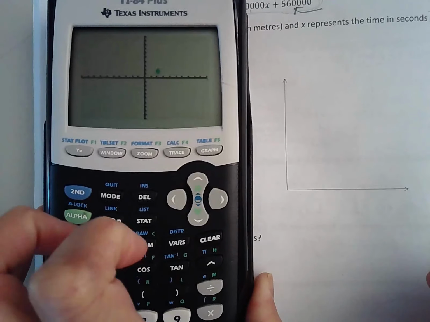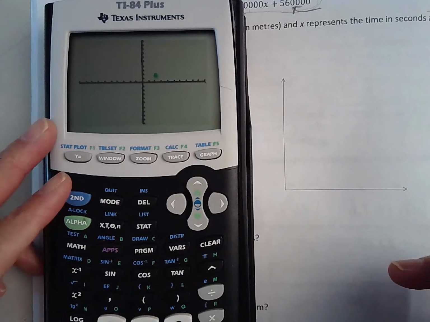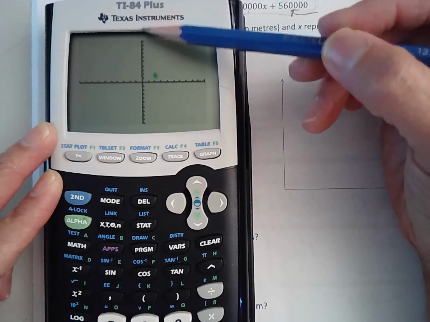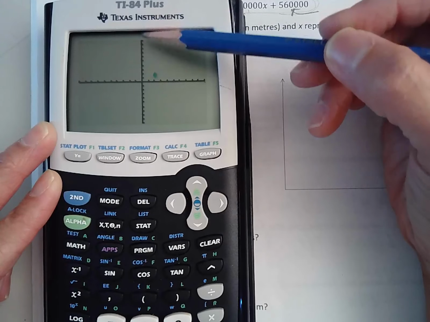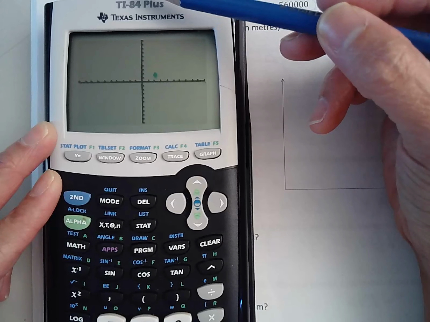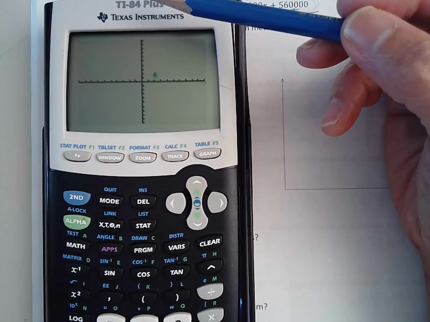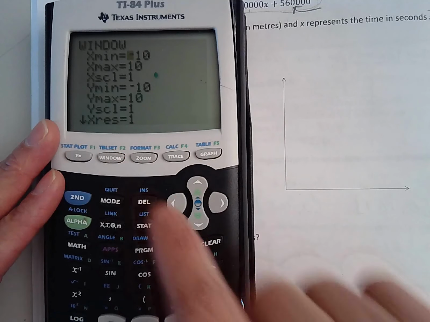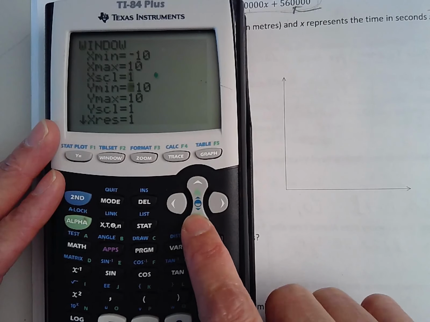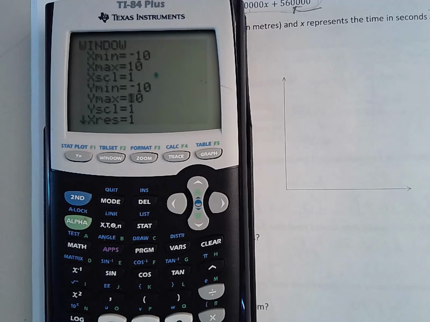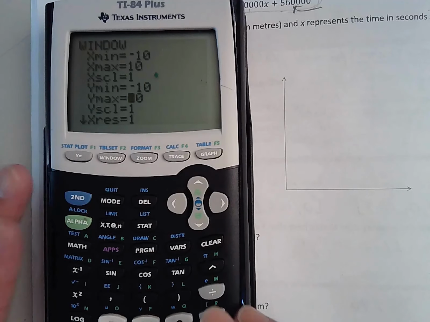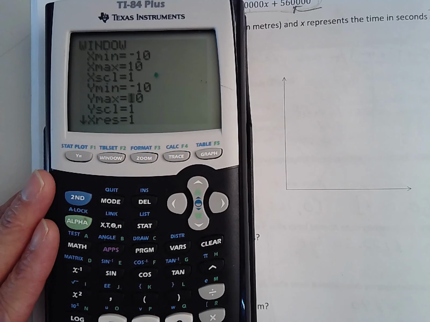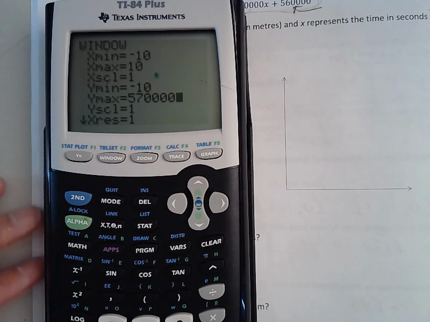See if we can figure that out. We need our Y maximum to be 560,000. So in the window, our Y max, we should be able to see 560,000. What we can do is go 570,000, so there's a little bit of room above.